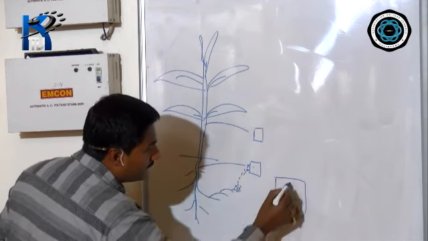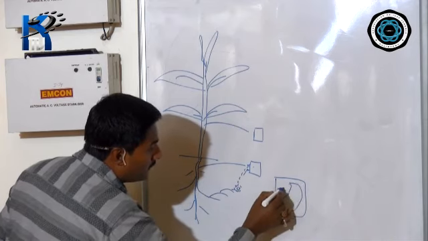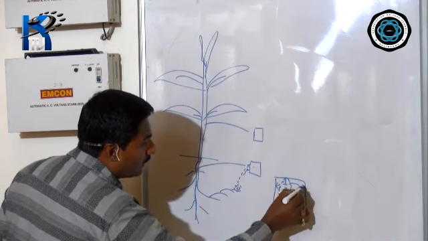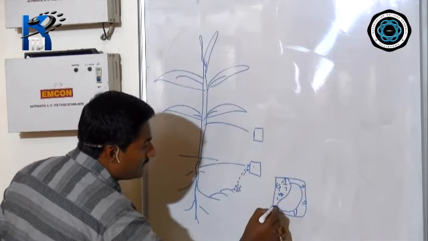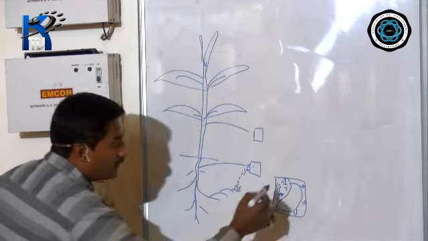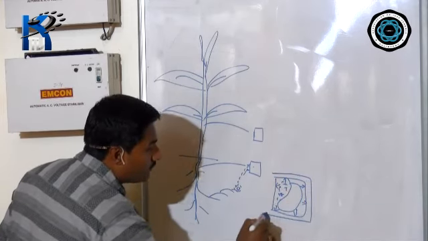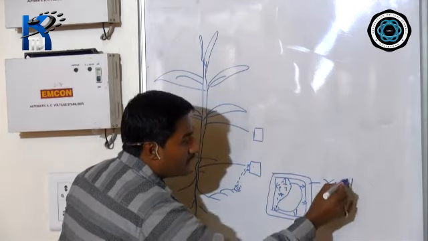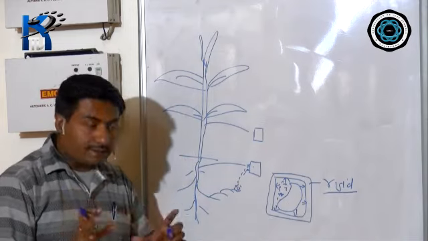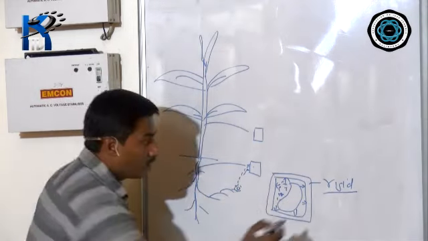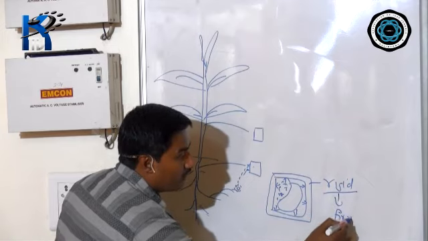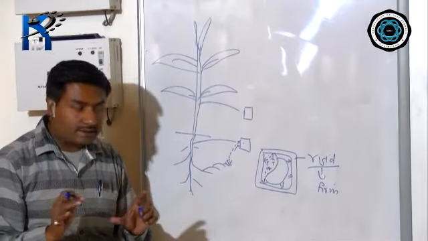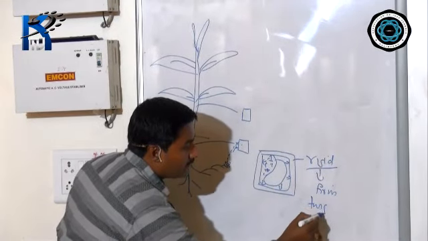So inside the cell, what will happen? This water will exert a pressure on either side of the cell wall, and due to that the cell remains firm, the cell remains rigid. The state in which the cell remains rigid and firm is called turgid.